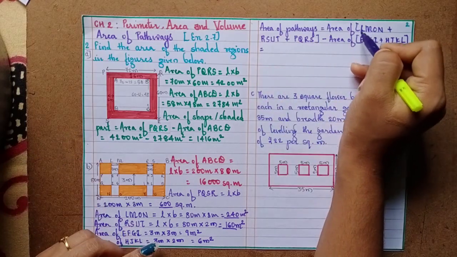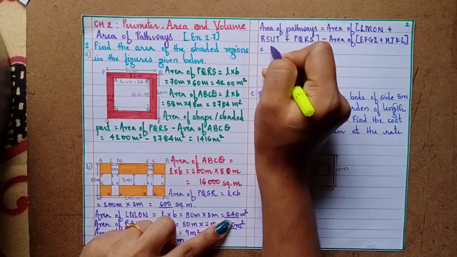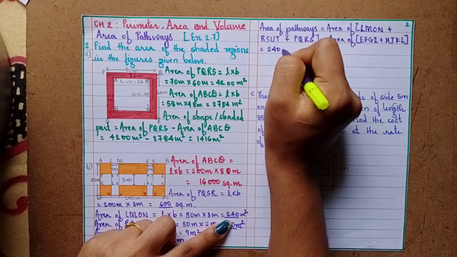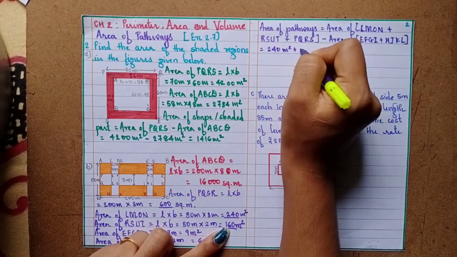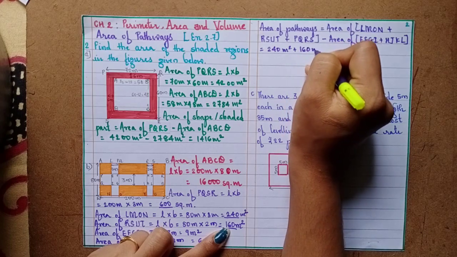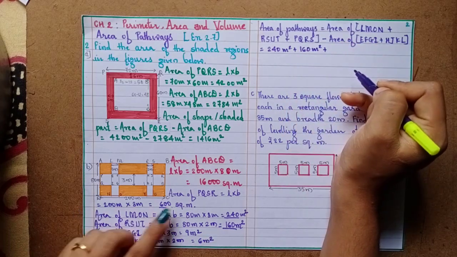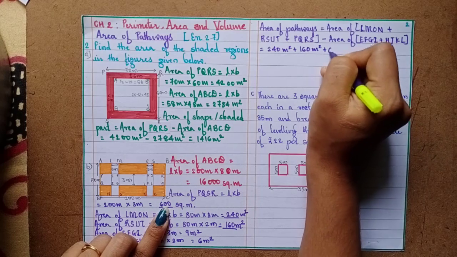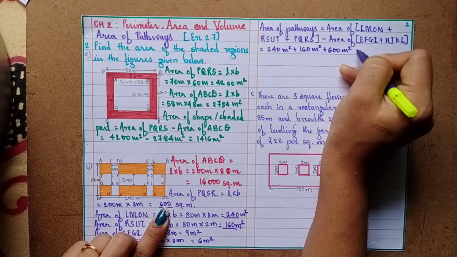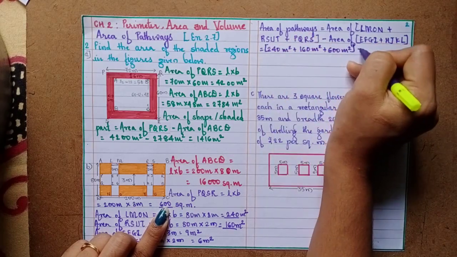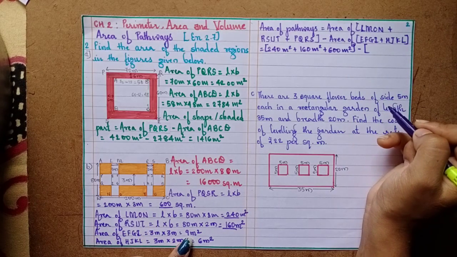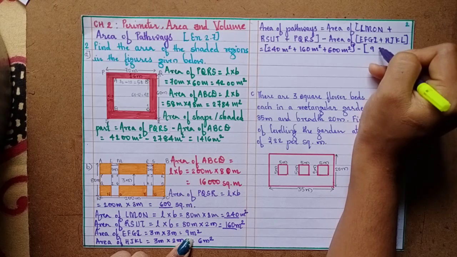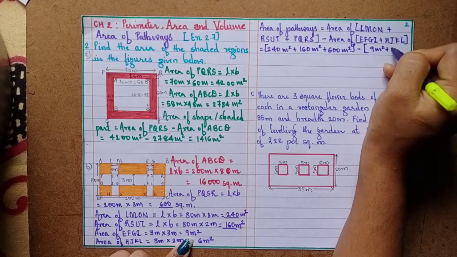Area of LMON is 240 meter square, plus area of RSUT is 160 meter square, plus the area of PQRS, that is 600 meter square. This first we have to add. From this we have to subtract the area of these two, which means first we have to add these together: 9 meter square plus 6 meter square.